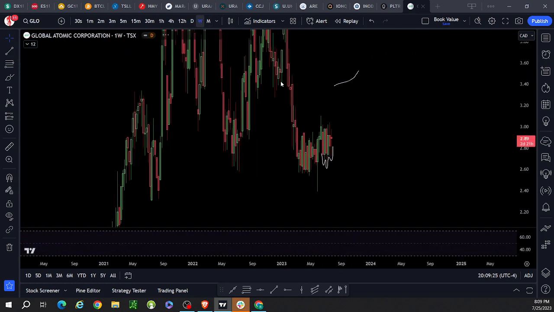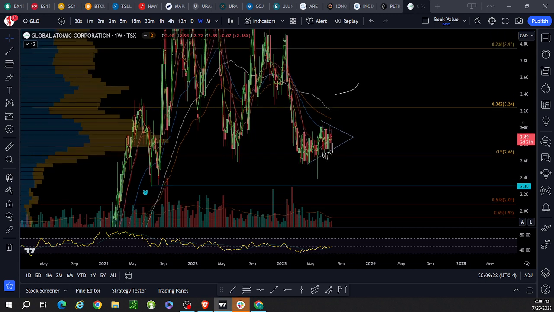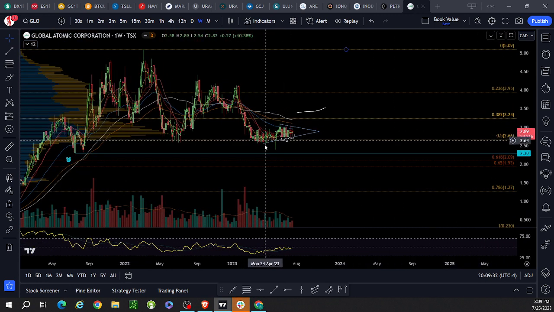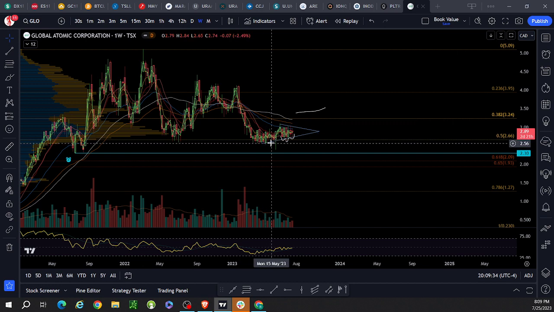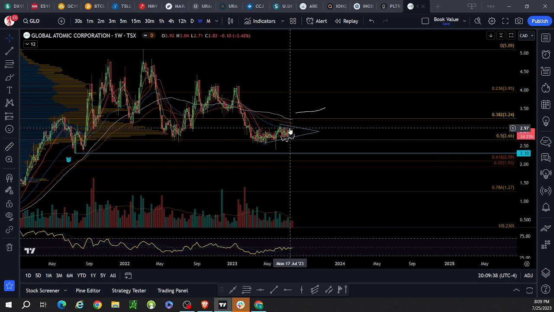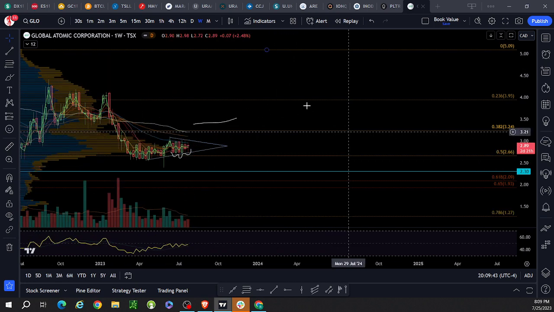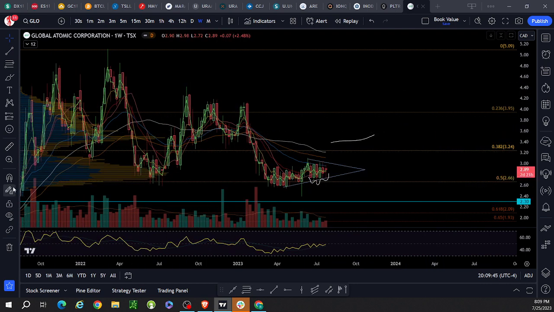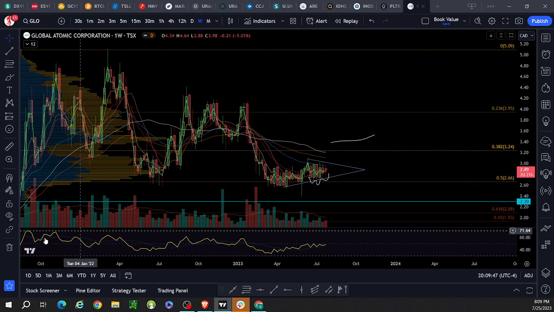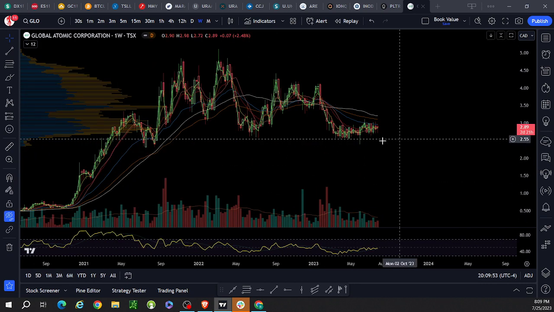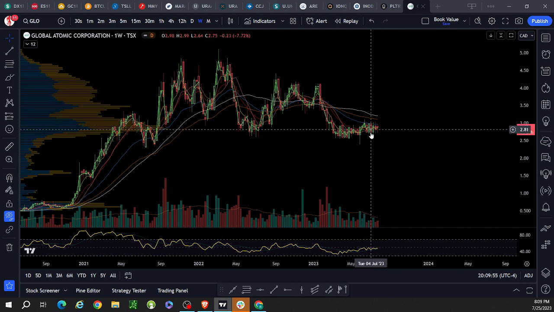Weekly looks like accumulation. I mean, that's what it looks like to me, and that's the way I'm playing it also. So I'm doing the exact thing that I pointed out. I'm buying the bottoms of these ranges, and I'm selling half when I get to the top of the range. Now, if you'll notice, this range has slightly moved up.